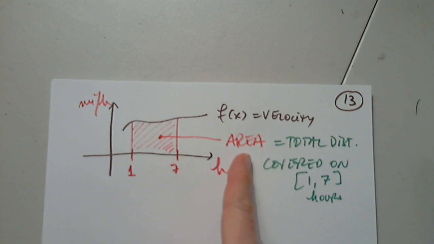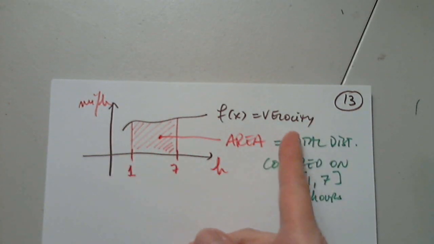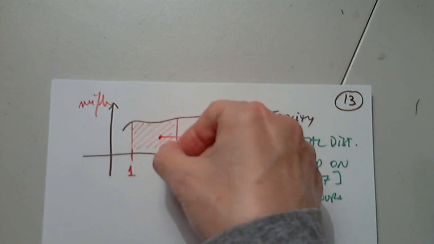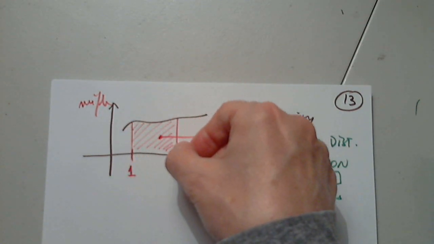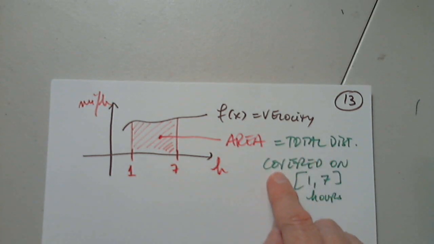That's why this area is so important. I don't have the distance function. I am given the velocity function. If somehow I find a way of determining this area, then I automatically determine the total distance covered between 1 and 7 hours of driving.